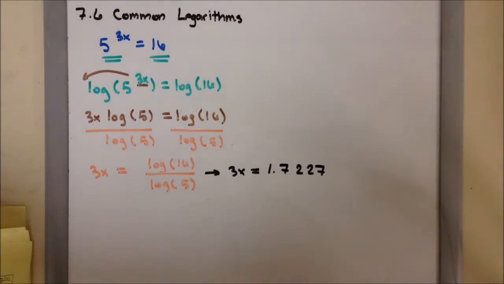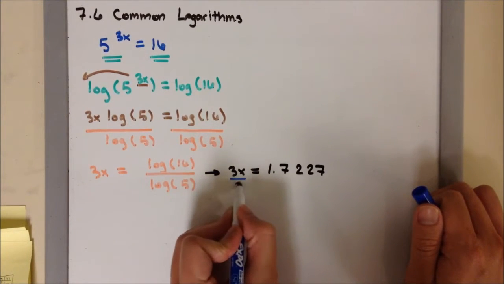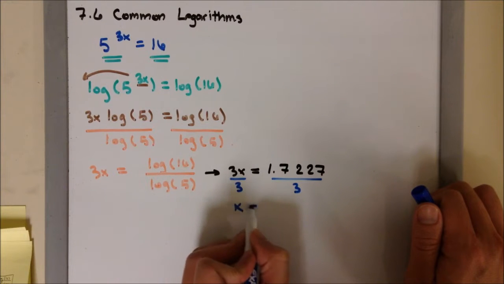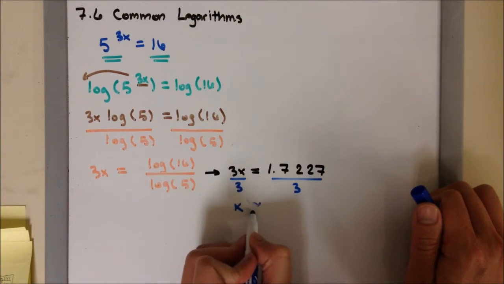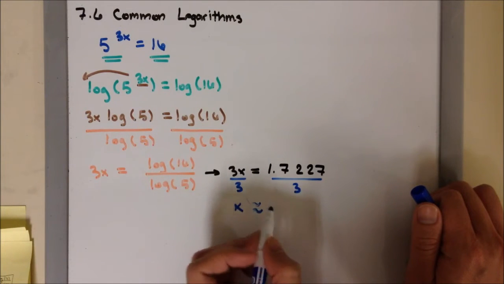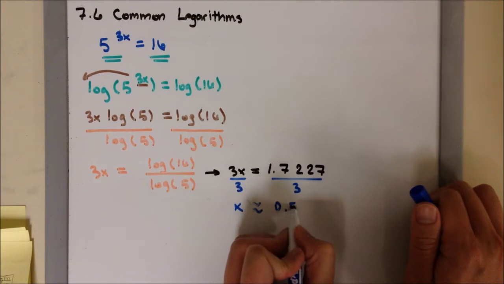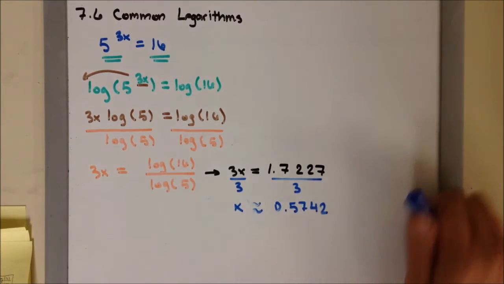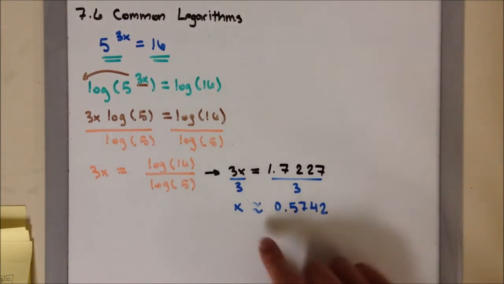Next, in order to solve for x, here I'm going to divide by 3. So x is going to equal, or approximately, since we're working with decimals, 0.5742. And again, when working with decimals, I'm going to be approximating.